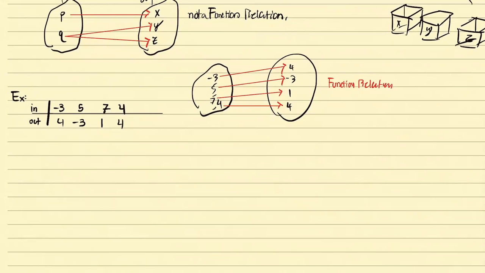And the easy way to tell whether it's a function relation, so you have some homework on this, is if you don't have any repeats of inputs, then it's basically guaranteed to be a function relation. So let's do another example.